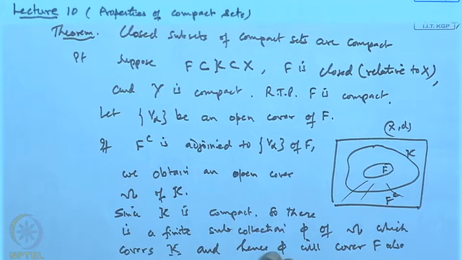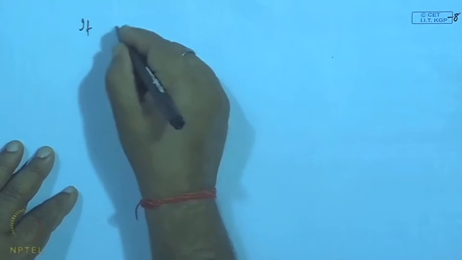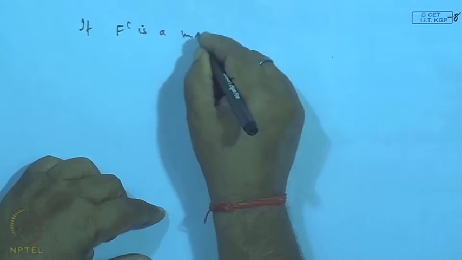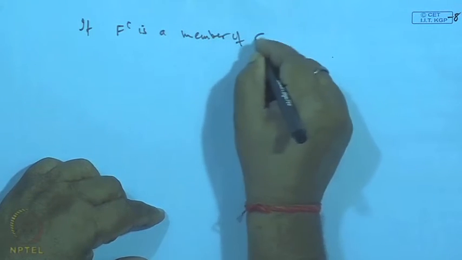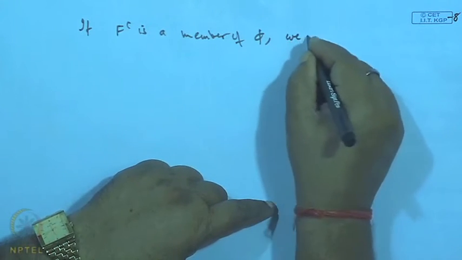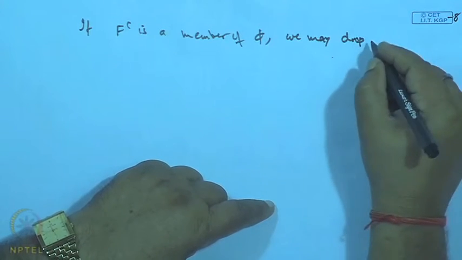Now, in this phi, if F^C is also a member, then we can drop it from phi.